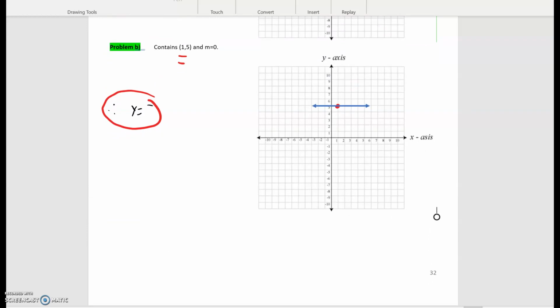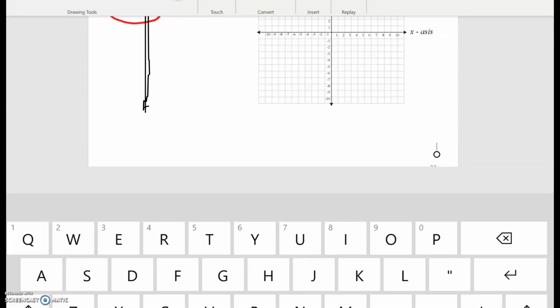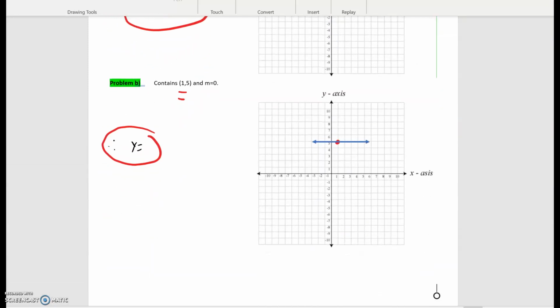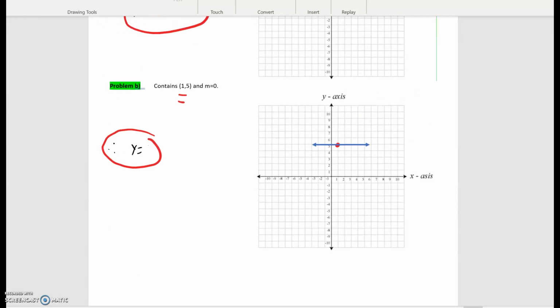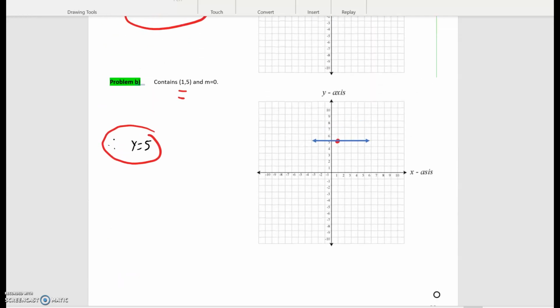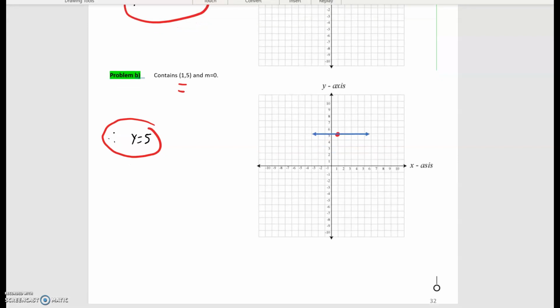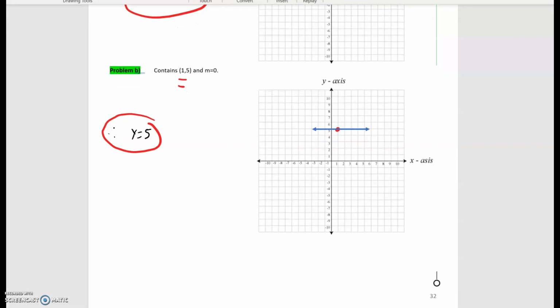Let me fix my 5. Sorry, you guys. It's harder to use this software with the graphs, but you get better graphs, so a little bit of a trade-off.